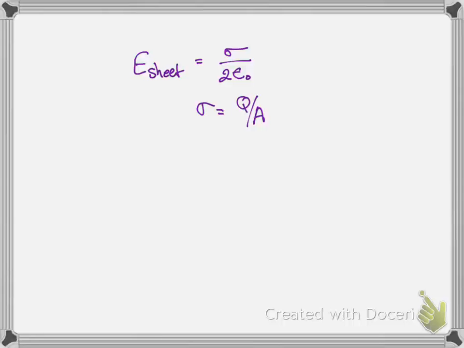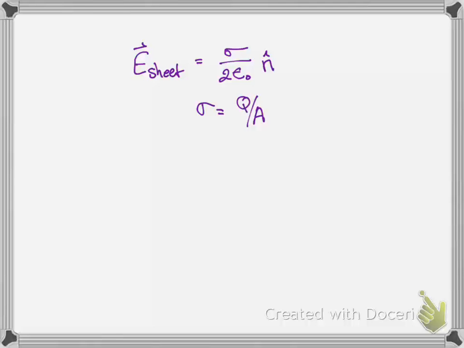Now we've sort of lost the fact that E is a vector, and remember that the electric field pointed away from the ring perpendicularly, therefore away from the disk perpendicularly, therefore away from the sheet perpendicularly. And so we're going to have to add the direction, and now it's not a radial direction, because radially means along a radius from a point.